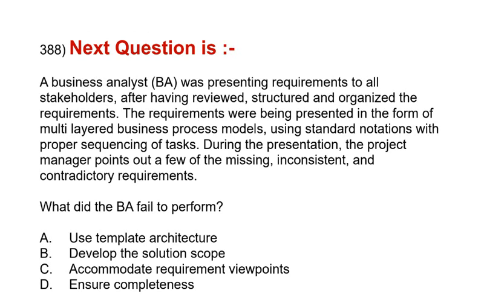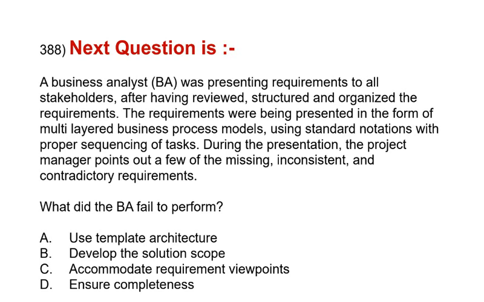Question is, a business analyst (BA) was presenting requirements to all stakeholders. After having reviewed, structured, and organized the requirements, the requirements were being presented in the form of multi-layered business process models using standard notations with proper sequencing of tasks.